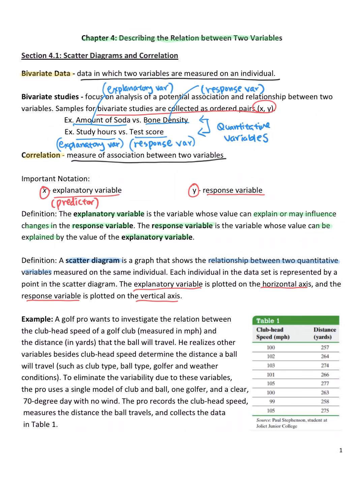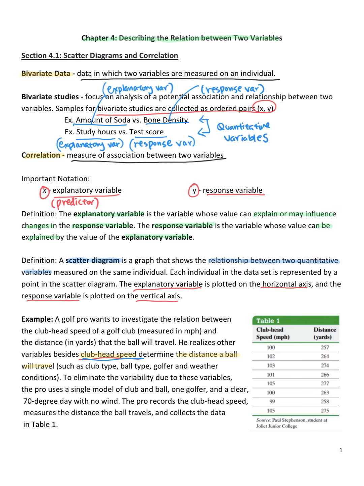Now, it looks like the pro wants to use club head speed to predict the distance the ball travels. So that means club head speed is the explanatory variable. So let's write it like this.